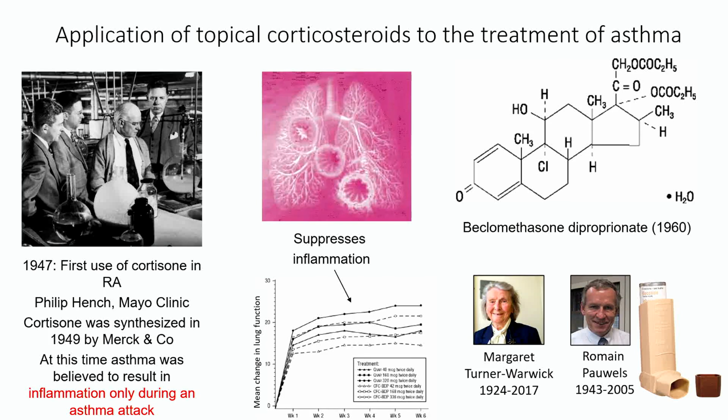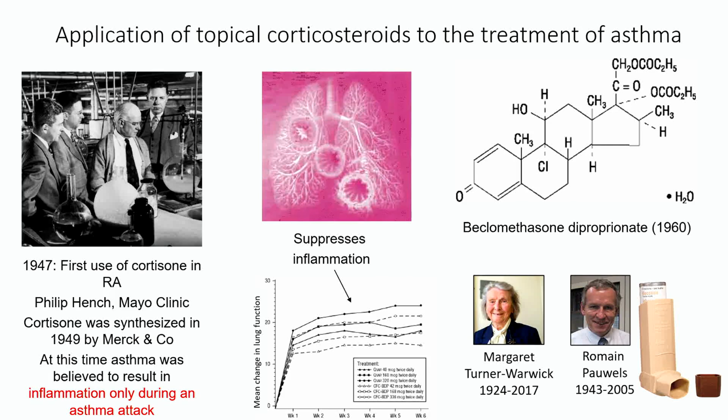But it was the development, again, by the pharmaceutical industry. I've only given one example here, Allen and Hanburys, GlaxoSmithKline as it became, but also AstraZeneca and other companies. Astra started to make these inhaled steroids. This was actually a skin steroid, beclomethasone.